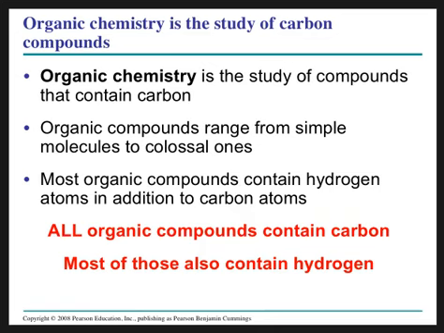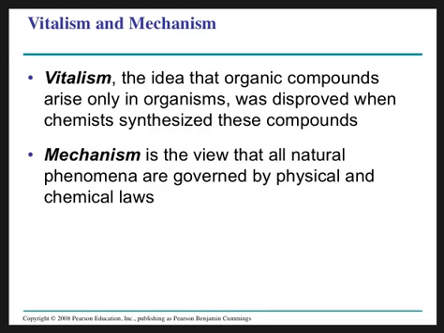The vast majority of those also contain hydrogen. It's not an all statement. It's pretty close to an all statement for what we'll deal with here in class, but remember that organic compounds always contain carbon.